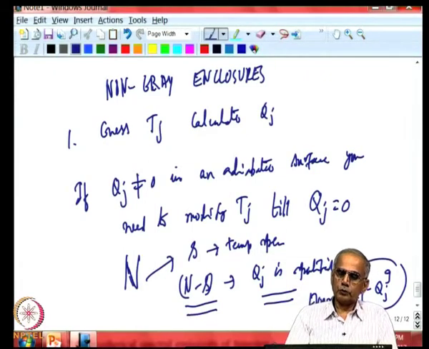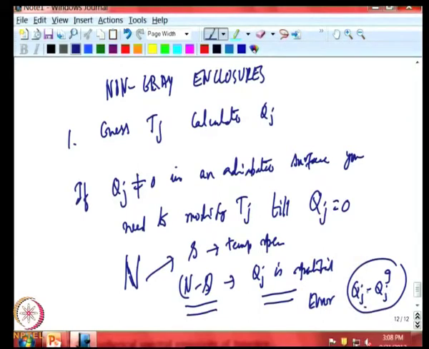So, you have to ultimately make sure that the guessed value of Q j and the actual value Q j specified converge rapidly.